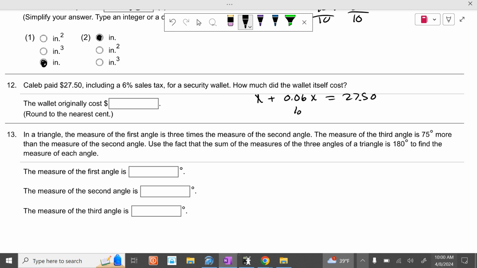So 1.06x equals $27.50, and divide by 1.06. If we divide by 1.06, what's $27.50 divided by 1.06? 25.94. Okay?